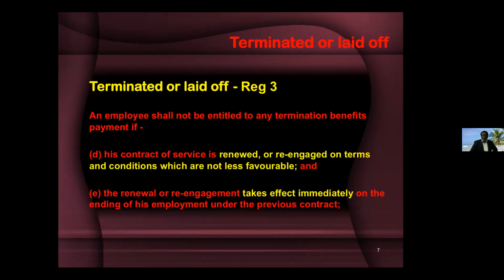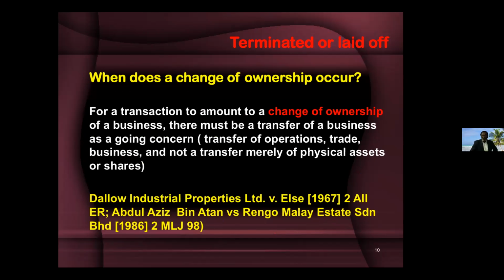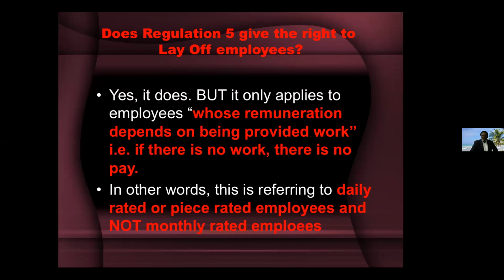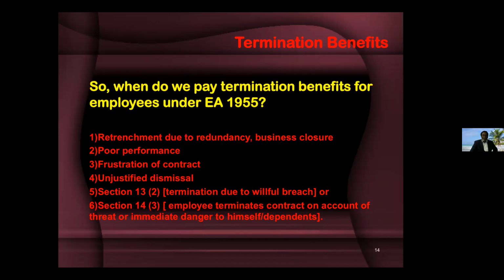So what we're going to do is examine the issues or categories of areas whereby the employer is bound to pay. What the regulations actually mention is when you do not have to pay termination benefits. So under this part, we looked at when we are actually bound to pay termination benefits for those employees under the Employment Act 1955.